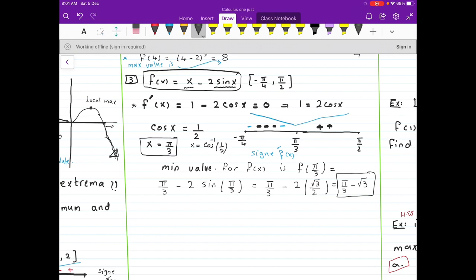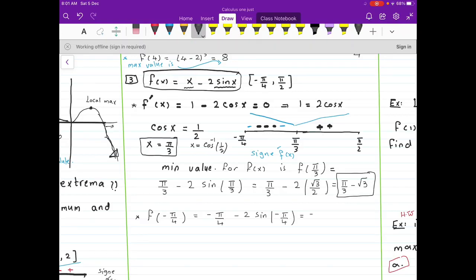Now, the maximum value will be either f(−π/4) or f(π/2), and the largest one will be the absolute maximum. Now find f(−π/4). We substitute −π/4: −π/4 − 2 sin(−π/4), which equals −π/4 − 2 times (−1/√2).